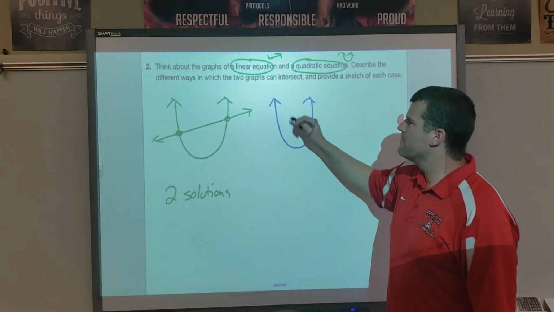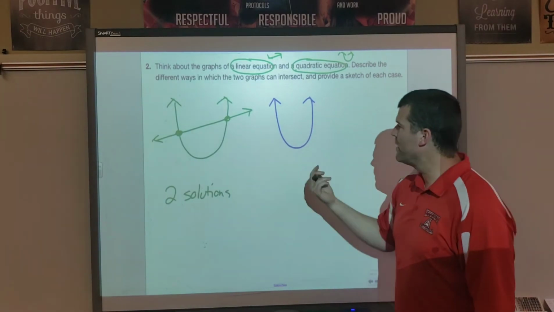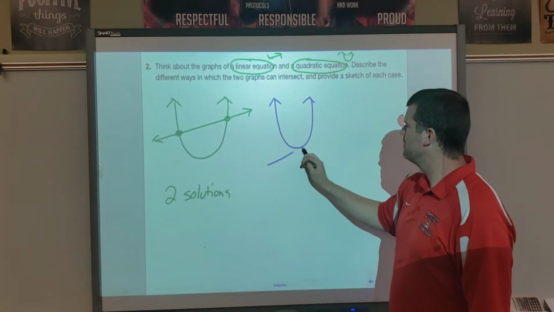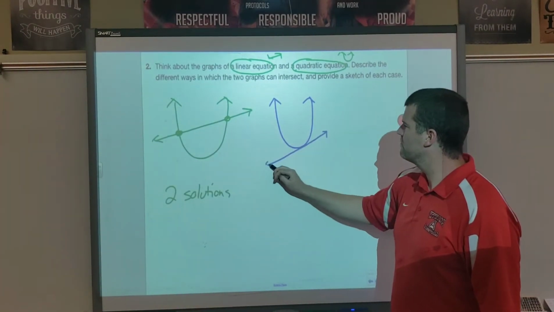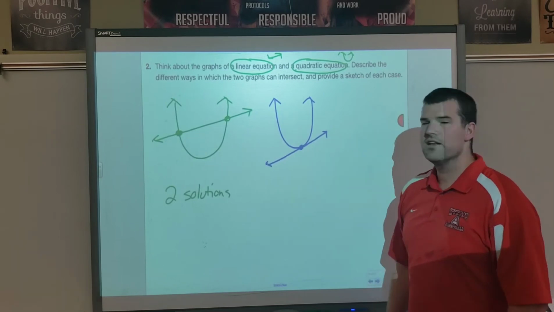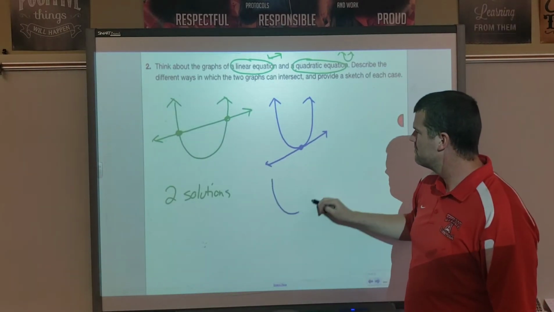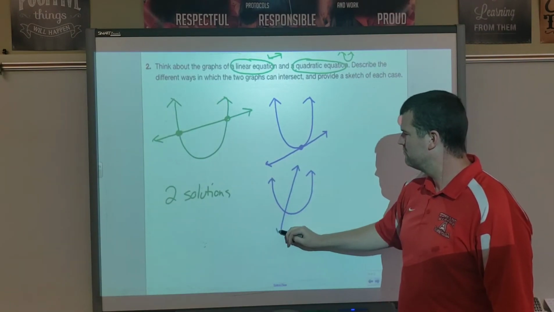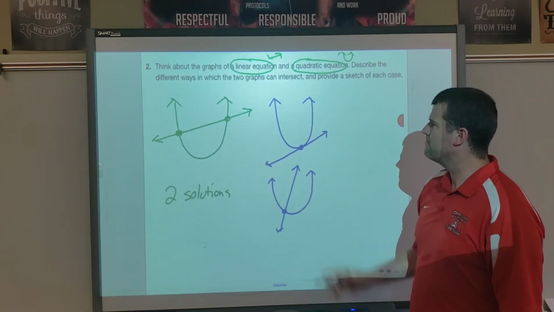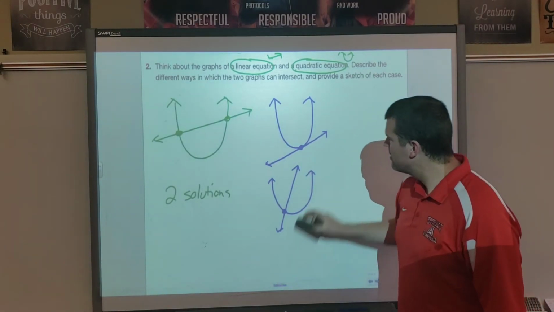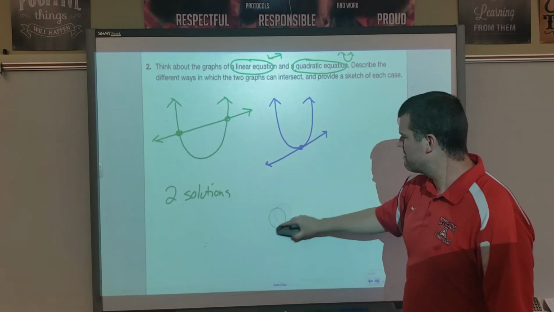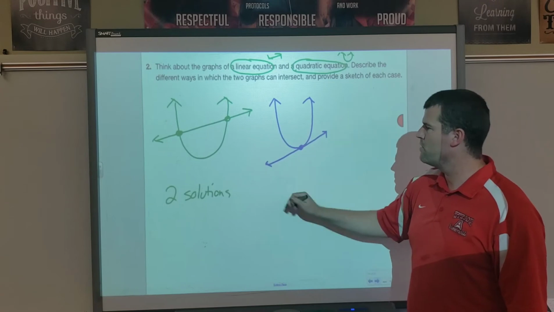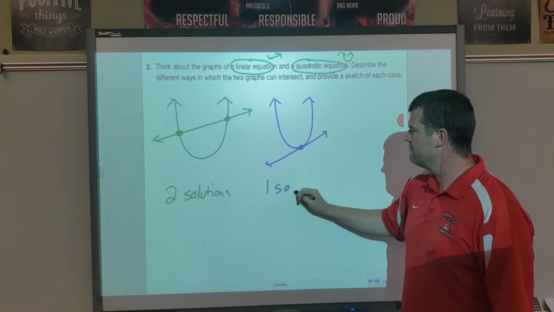There are multiple ways we could do this, but one example would be something like this. It only touches right there. Or you could have something like this as well. But usually it's going to be like this one. So we can get two solutions, or in this case, since they only touched once, we can get one solution.